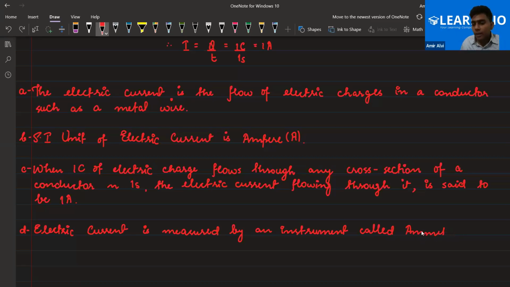The ammeter is the device that is used to measure the current. Is that clear to all of you?